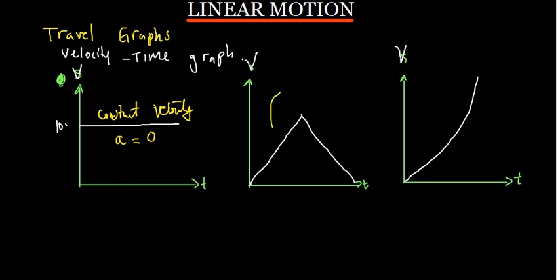And then when you have got this line, this is constant acceleration. And then if you have got this line, this is constant deceleration. Now deceleration is simply negative acceleration. And then if you have got this line for a speed time graph.